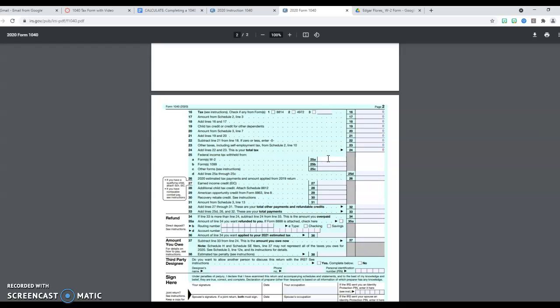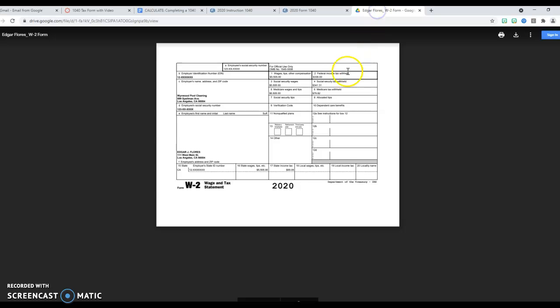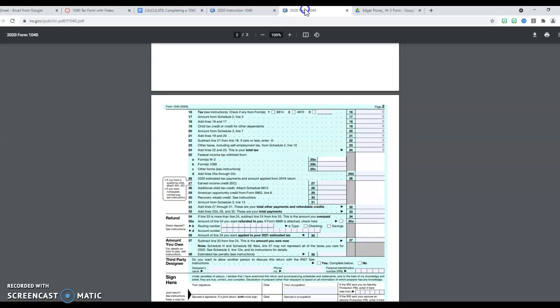Okay, on 25 it asks, what is the amount of my federal income tax? That can be found in my W-2 in box 2, 336. So I'm going to come to number 25A. I'm going to put 336. 25B is 0. 25C is 0. So my amount is 336 right here.